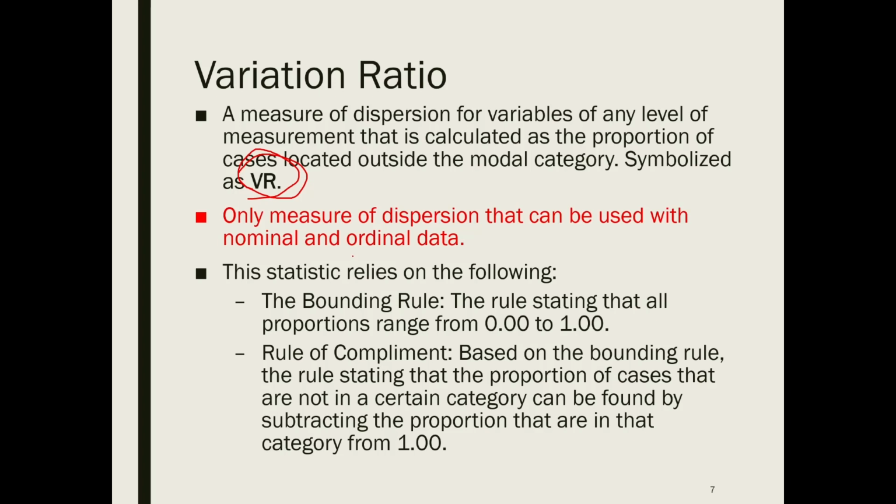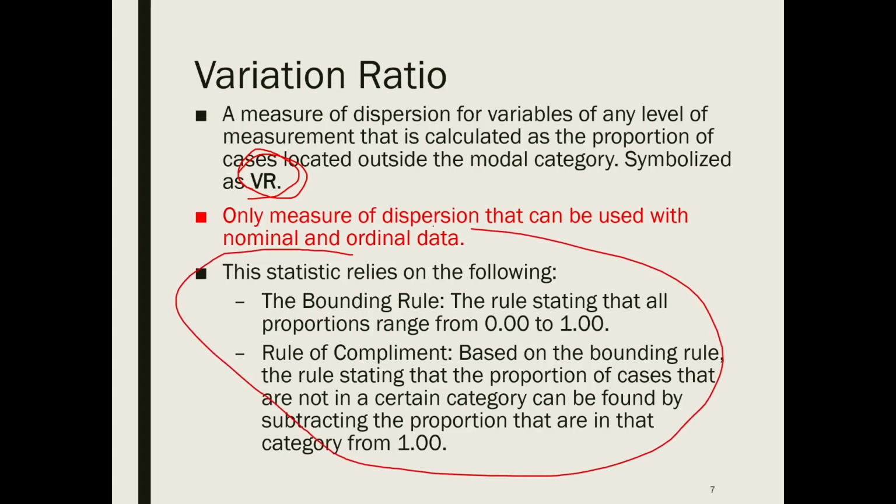Now, although you will see there is a bunch of sentences in here, basically what it's talking about is that if you have data that is nominal or ordinal, you have to make sure that every frequency of the values added together must equal the total sample size.